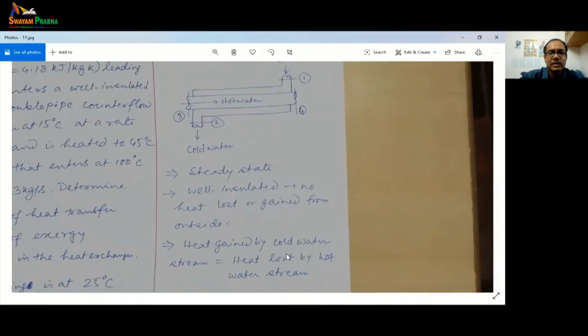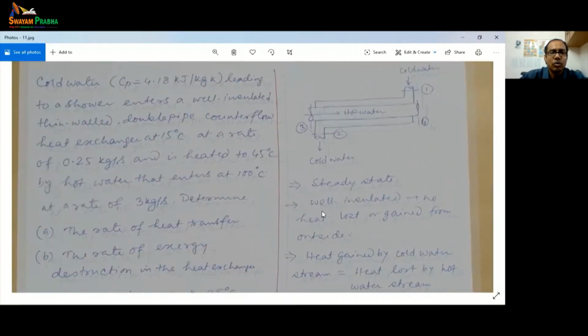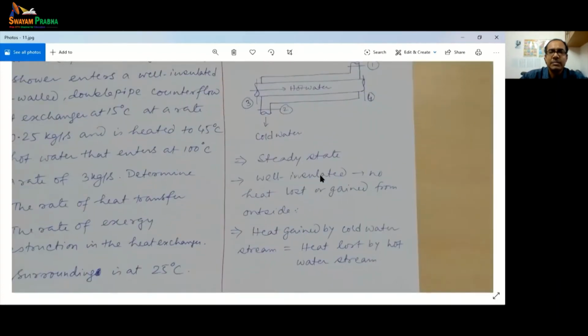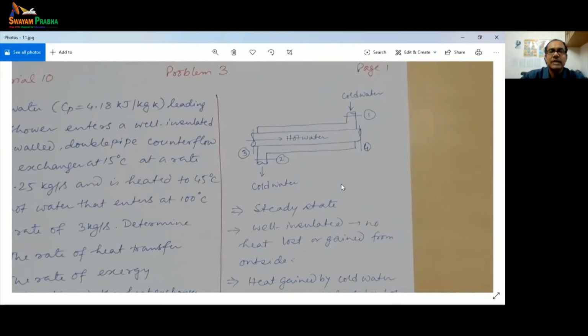Whatever heat is gained by the cold water, going from 15 degrees centigrade to 45 degrees centigrade, everything is coming from the hot water. So heat gained by the cold water stream is equal to heat lost by the hot water stream. That's the energy balance equation corresponding to this system.